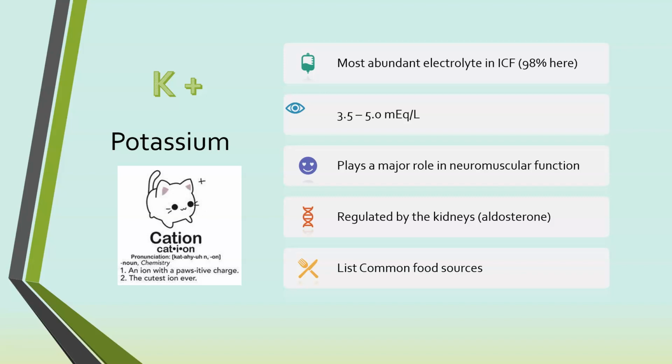What is available in the extracellular is only 3.5 to 5.0 milliequivalents per liter. So if you go back and think about sodium, there's more sodium in the extracellular than there is potassium. But potassium plays a major role in neuromuscular function. It is regulated by the kidneys, particularly aldosterone. And make sure you know some common food sources for potassium.